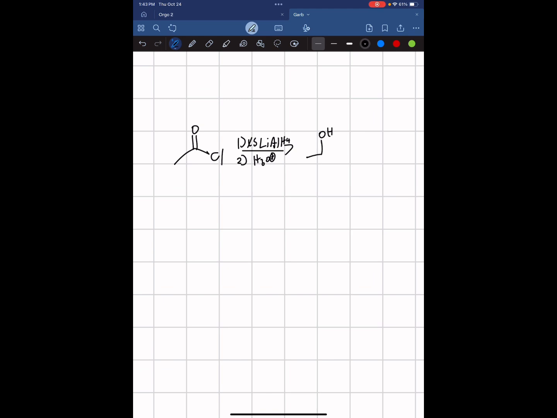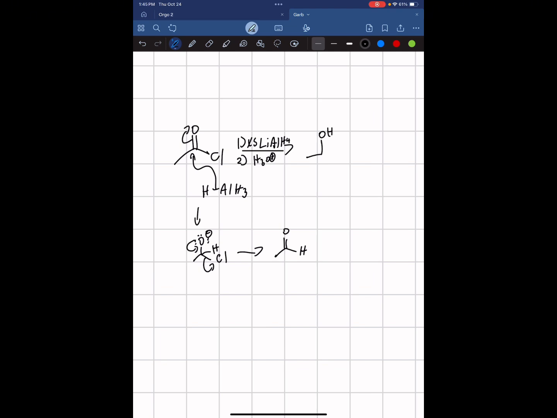Okay, for the reduction of an acid chloride, we're going to treat it with lithium aluminum hydride. The first step that's going to happen is that you're going to have a hydrogen attached to the AlH3. This hydrogen is going to come in and attack the carbonyl group, giving you this and that new hydrogen right there. Then from here you're going to have a lone pair fall down onto that bond, kicking off the chlorine group, giving you this.